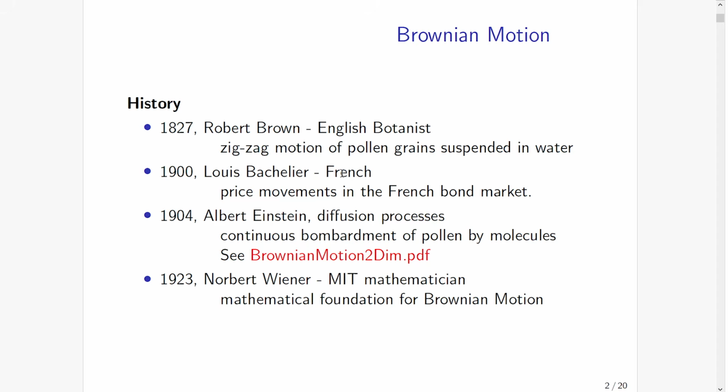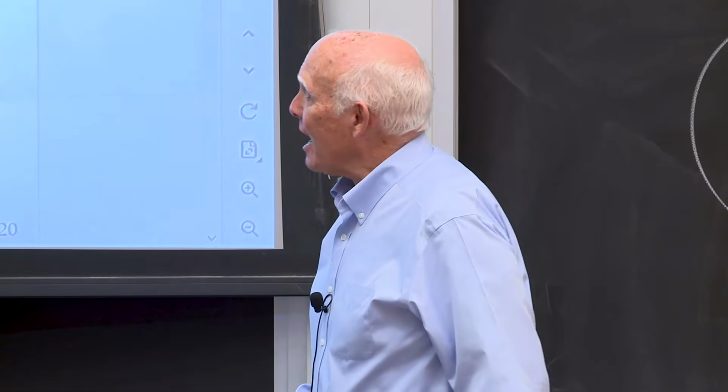And this is an interesting case where a scientist observes some dynamics in nature and then is concerned about what mathematical model might describe that behavior.